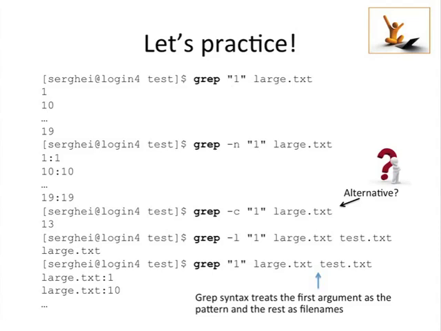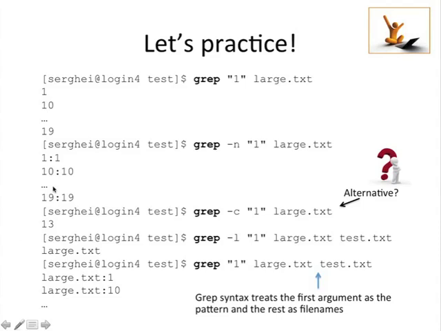I don't want to go into the discussion; I would rather tell you to always put the double quotes and you will be safe. So we look for the string 1 in the file large.txt. If we run this grep, as expected, we'll see the lines where 1 occurs. And if we want the line number as well, we use -n. That's how it will work.